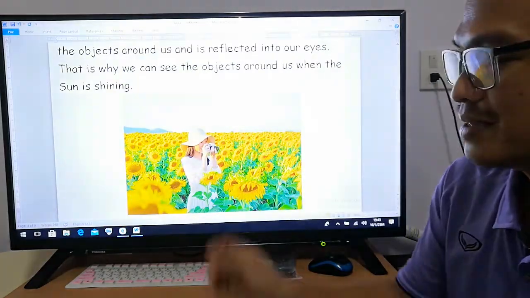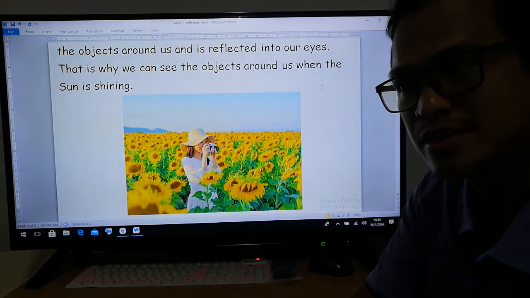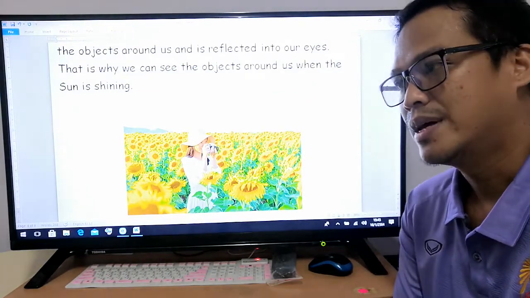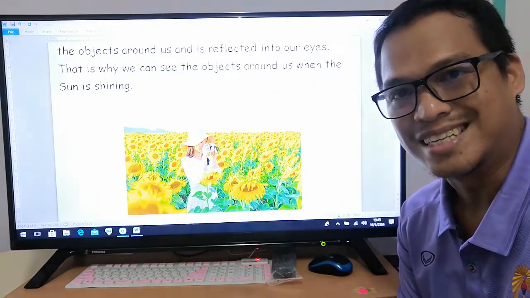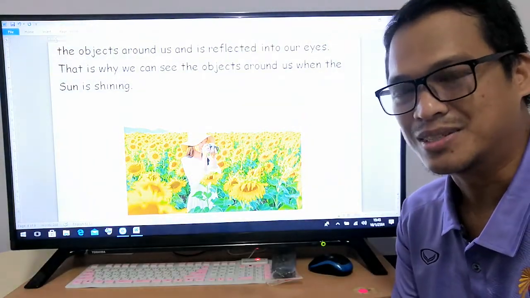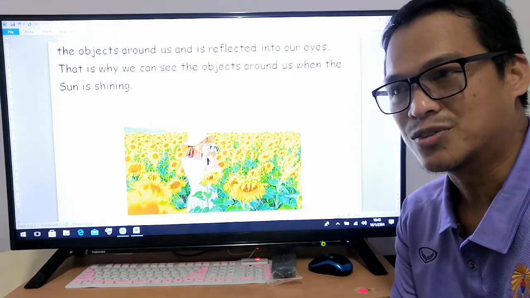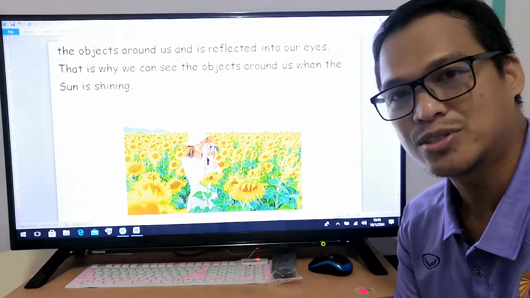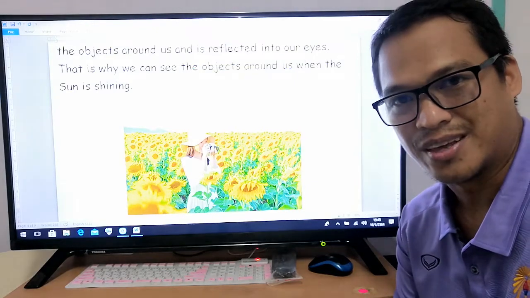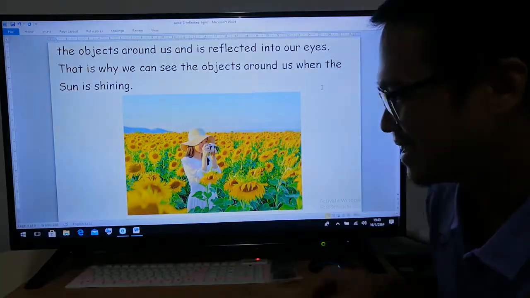Everything around us we can easily see because the sun produces a lot of light. The light from the sun is reflected from the non-luminous objects around us. Therefore, we can see everything. Next.